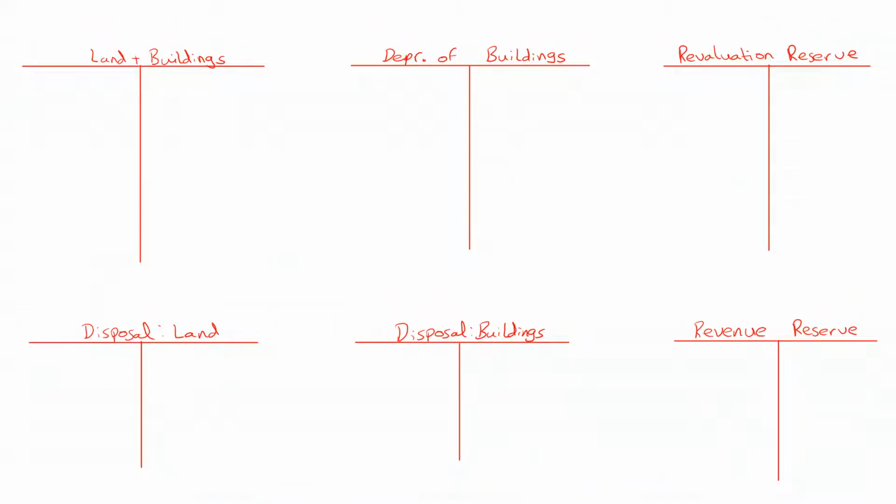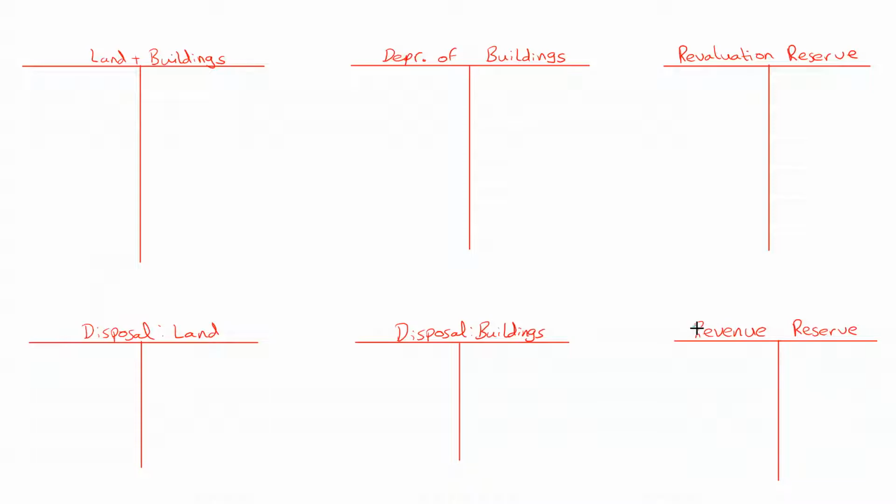We can either learn them off because there'll always be a land and buildings account. There'll always be a depreciation of buildings account. There'll always be a revaluation reserve account. We'll always have disposal accounts. So we can either make just one big disposal account for land and buildings, or we can segregate them into land and segregate it into buildings. And then we'll also have a revenue reserve.